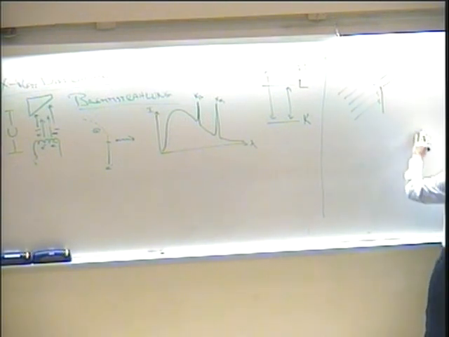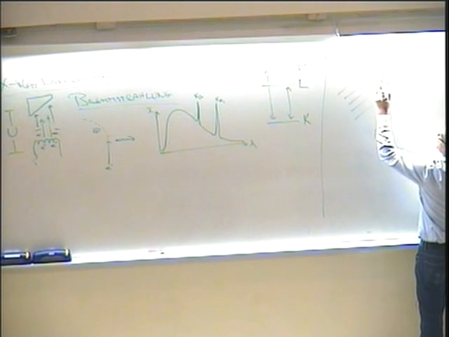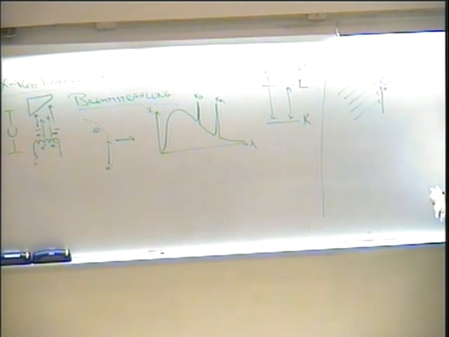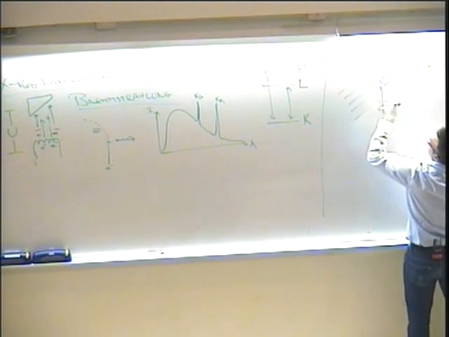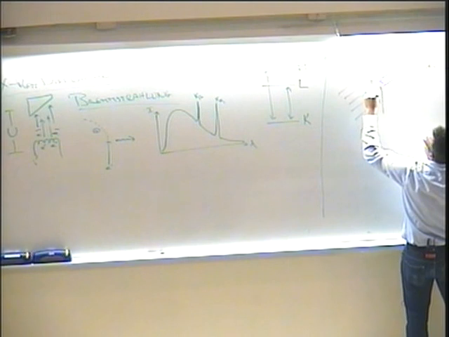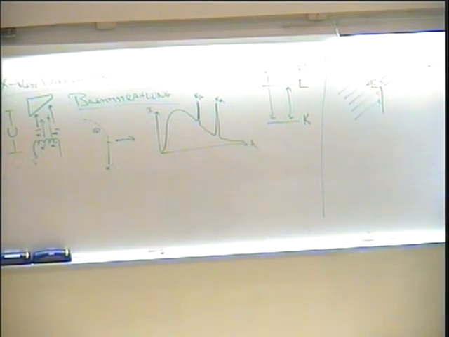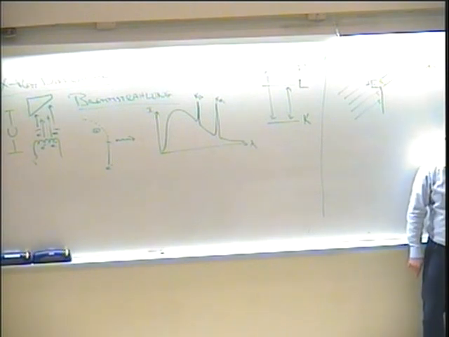The important point here is this path length difference. So you have some angle, and your interference condition is given by d sine theta, where this is your distance d, equal to n lambda.